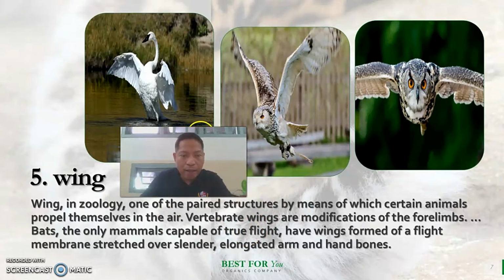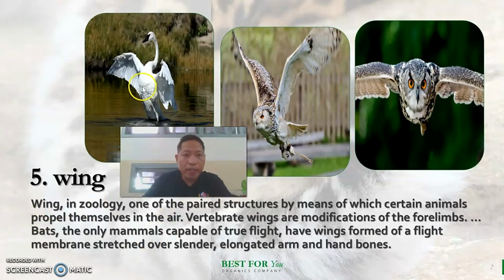They can fly in the air with the use of the wings. Bats. Okay. So we have different kinds of birds that have wings, and they use these wings to fly in the air.